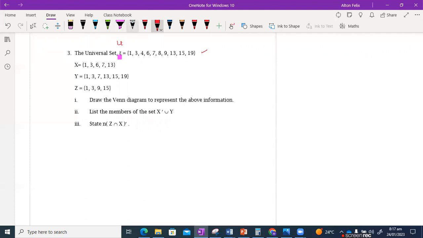When you work in here with 3 sets, let's see if there's any number that is common to all 3. Well, we have 1 common, and we have 3 common. And I think that's it. So it's always good to draw perhaps your 3 sets, something like this.